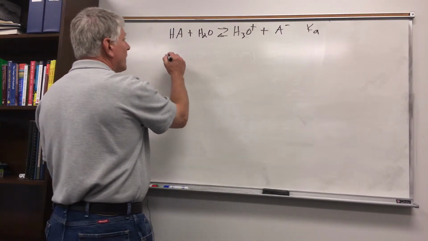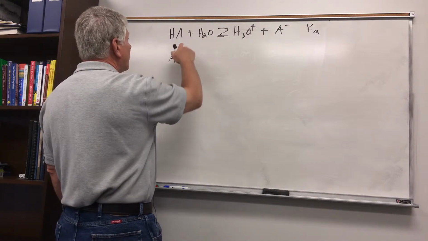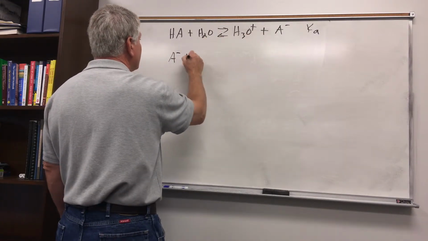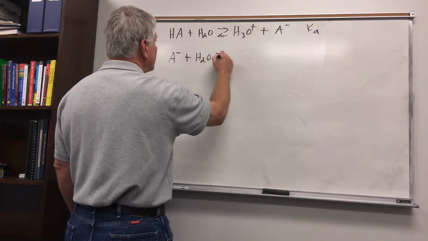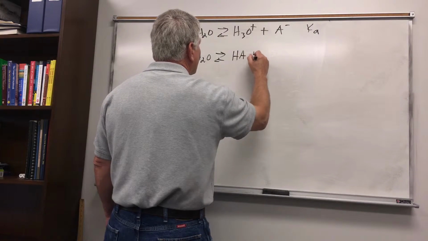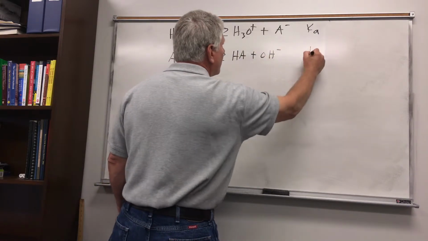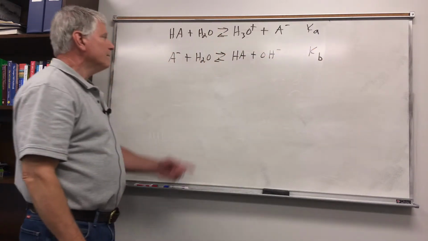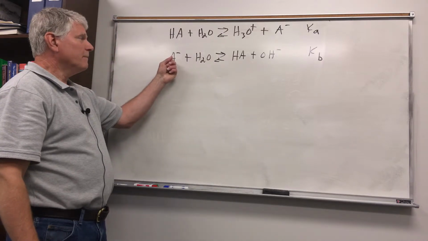And we have a base. I'll use the conjugate base for this acid, A minus. And we'll call that KB because this is the conjugate base.